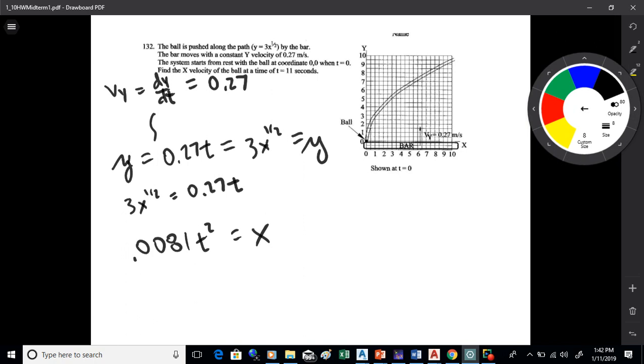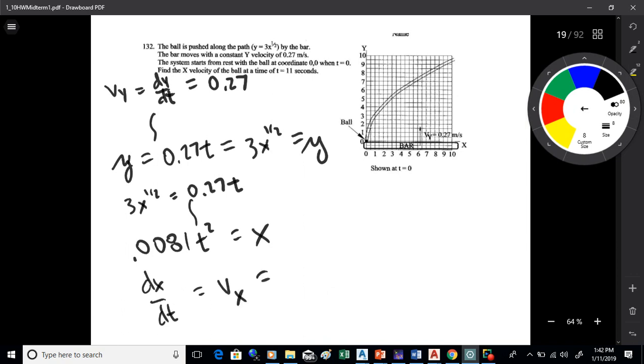So I can go ahead and work through the algebra on that. All right, so now I've got x, so I have the position function. So I went from path to position. Again, I just can't go path to velocity. That doesn't work. I've got to go back to position and go from path to position. Okay. So now I know what x is, so I can just take dx/dt, which is vx.